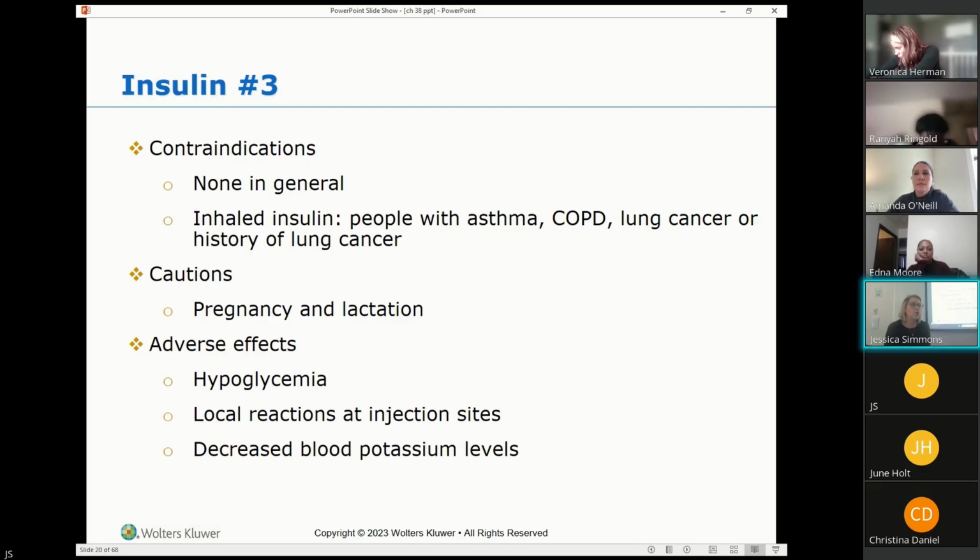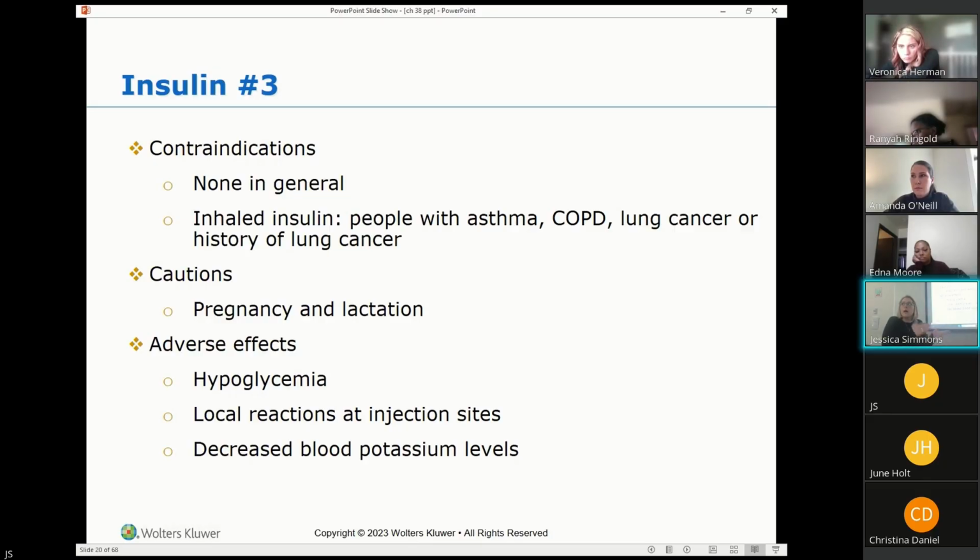So the potassium that is in your blood, your serum potassium, 3.5 to 5. When you have insulin injected into your body, either subcutaneously or IV, this causes potassium to go inside the cell, which can then cause hypokalemia.